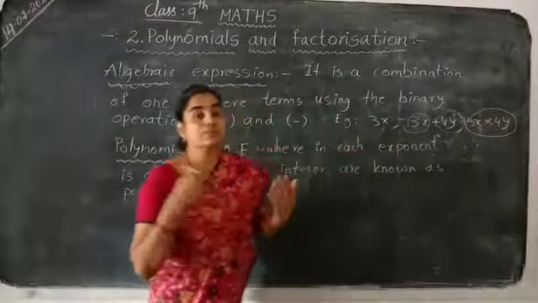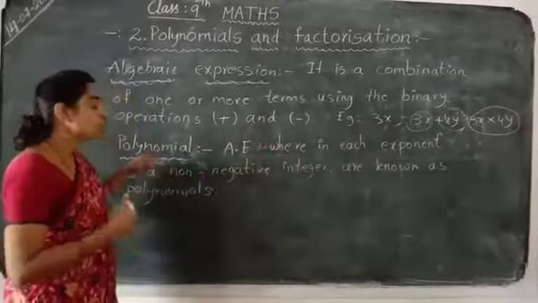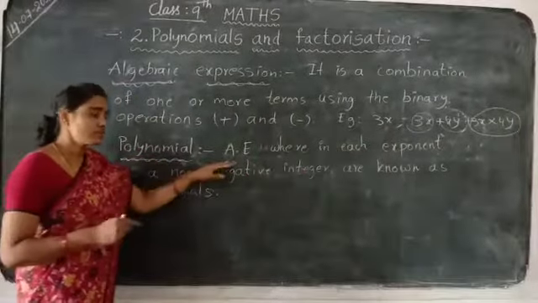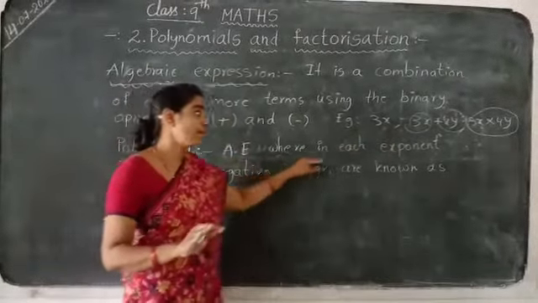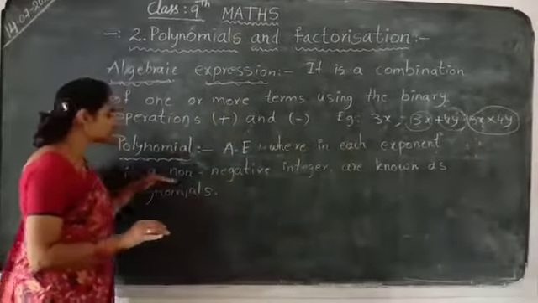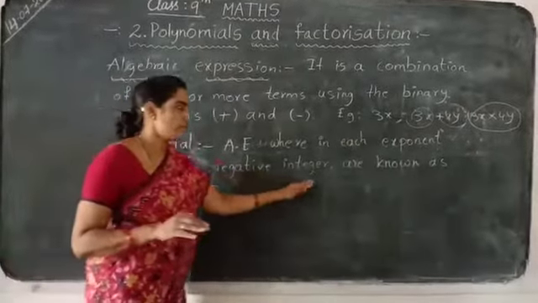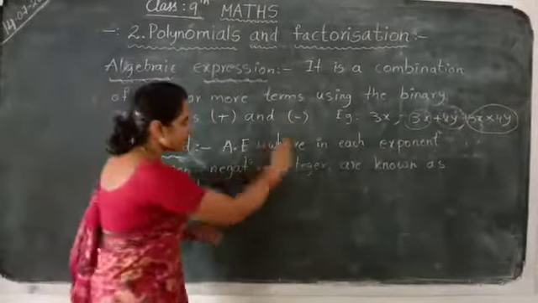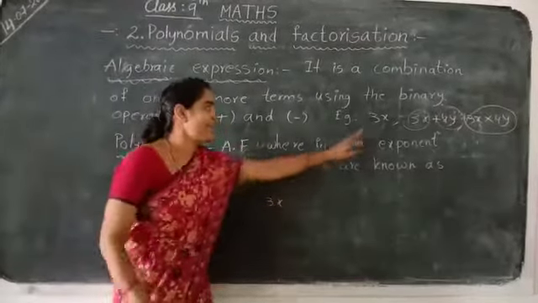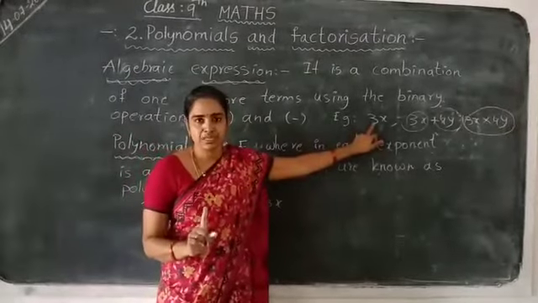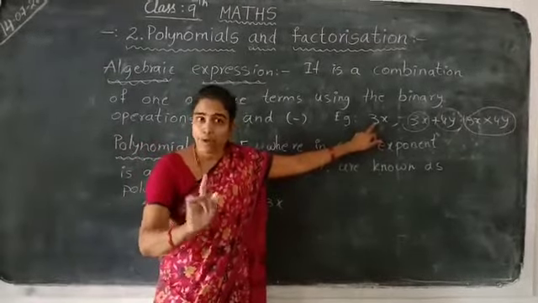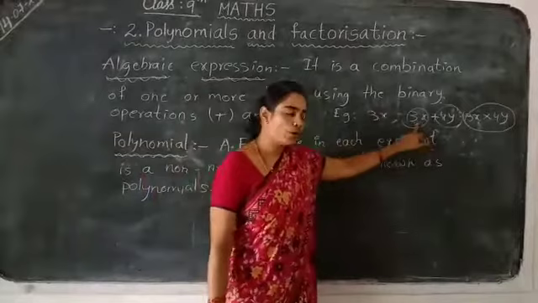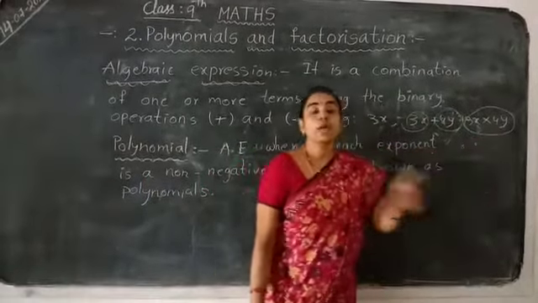Next, what is a polynomial? Now our topic: what is a polynomial? An algebraic expression in which each exponent is a non-negative integer is known as a polynomial. Here 3x, which I said is an algebraic expression, is also a polynomial.